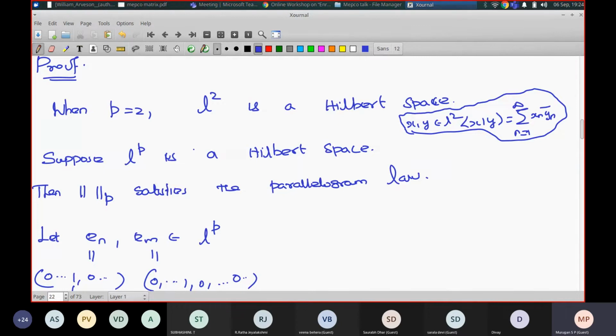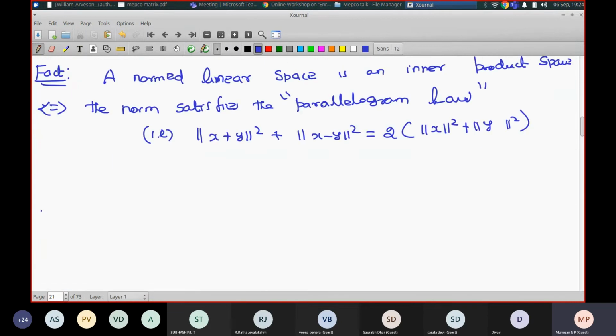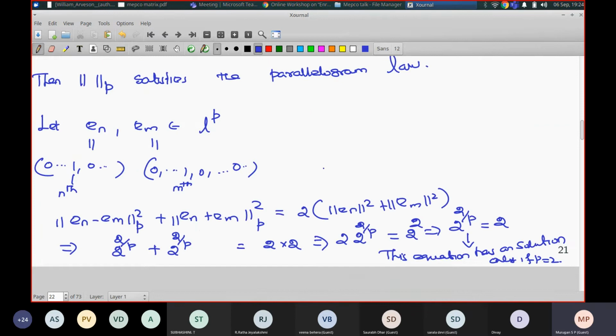Okay. Suppose l^p is a Hilbert space. Then the previous result says that the norm satisfies the parallelogram law, right? Then you take the sequences en and em, and write the parallelogram law. What is the norm squared of en minus em?